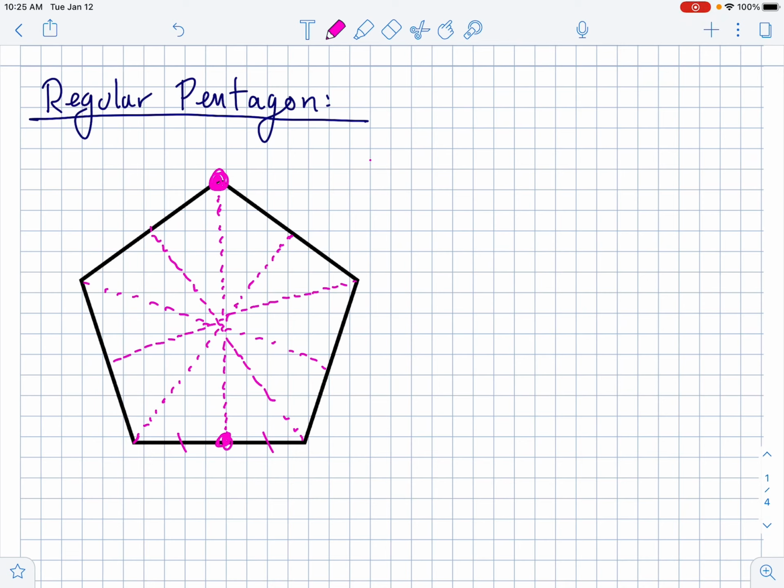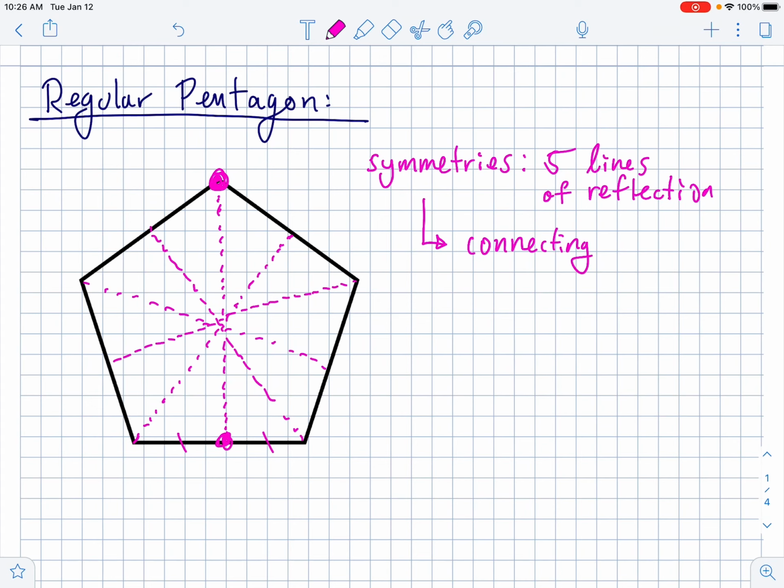So in terms of symmetries, there are 5 lines of reflection. Once again, these are connecting a vertex to an opposite midpoint.